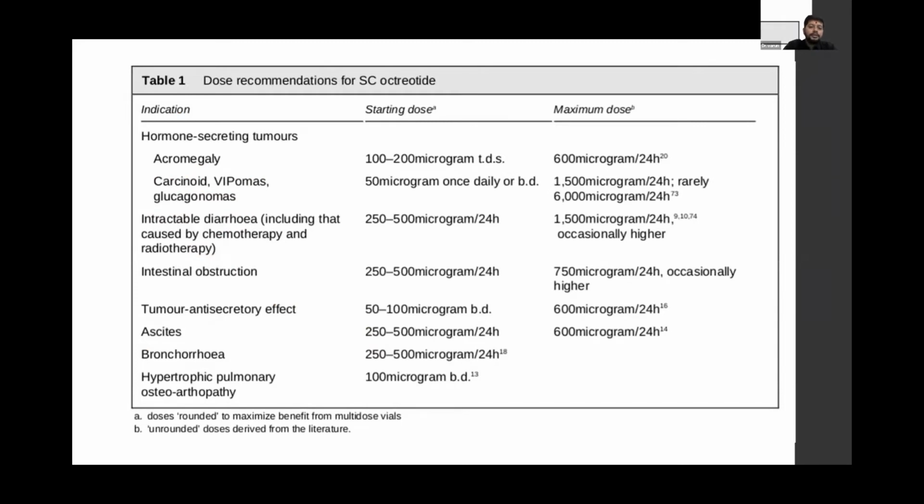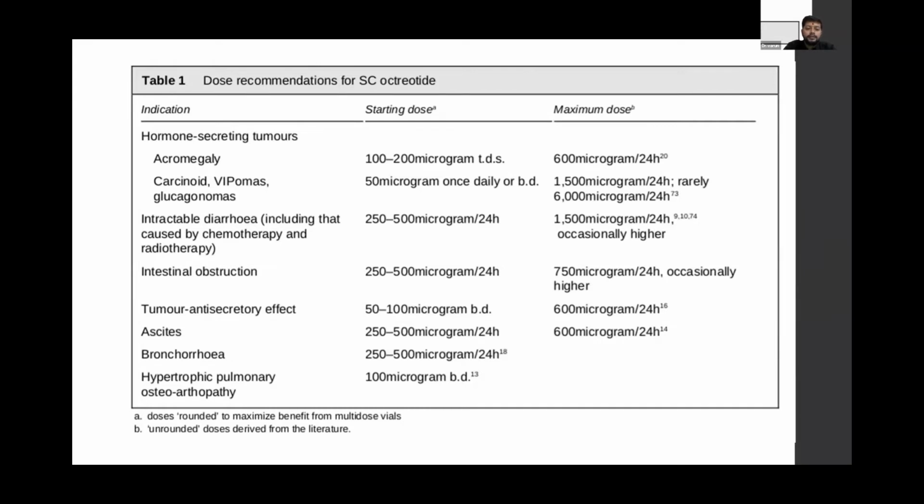Dose recommendation for sub-Q octreotide: for different indications we can use different doses. For acromegaly, it can be used as 100 to 200 micrograms TDS. For intractable diarrhea, 250 to 500 micrograms per 24 hours, with a maximum of 1500 micrograms per 24 hours.